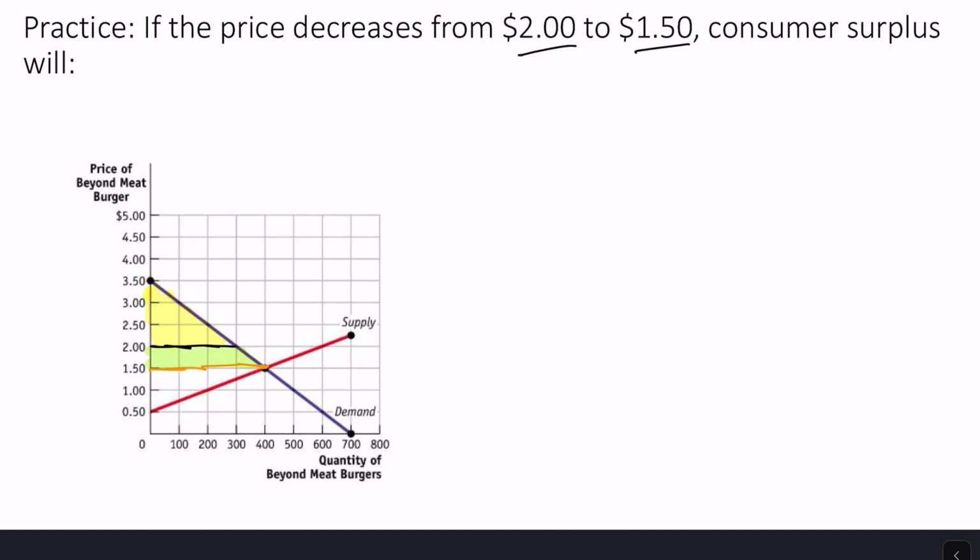The point I'm trying to make here is that lower prices are going to be increasing the consumer surplus. And consumers like lower prices for two reasons. They'd be getting more surplus on every single unit that they were consuming before, up to 300. And now they actually get some surplus from these new units that they get to buy from 300 to 400. So I'll leave you to practice to figure out what is the consumer surplus of that big triangle at $1.50.